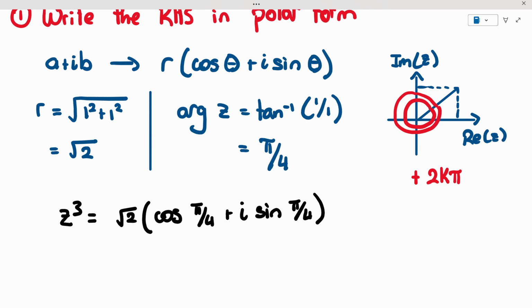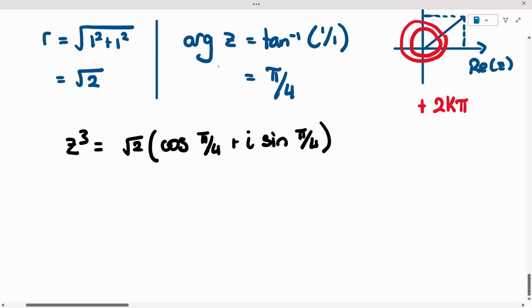What that means is if we had the argument as pi on 4, then we'll get the same value if we did the argument of pi on 4 plus 2 pi, or pi on 4 plus 2 times 2 pi, or pi on 4 plus 3 times 2 pi, or pi on 4 plus k times 2 pi, or 2k pi. So this is called the principal argument.